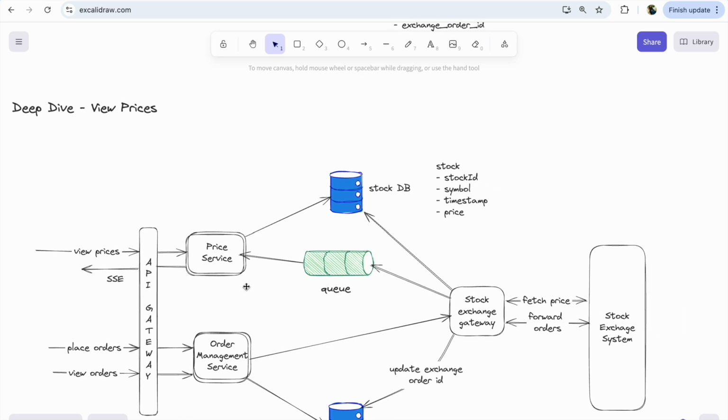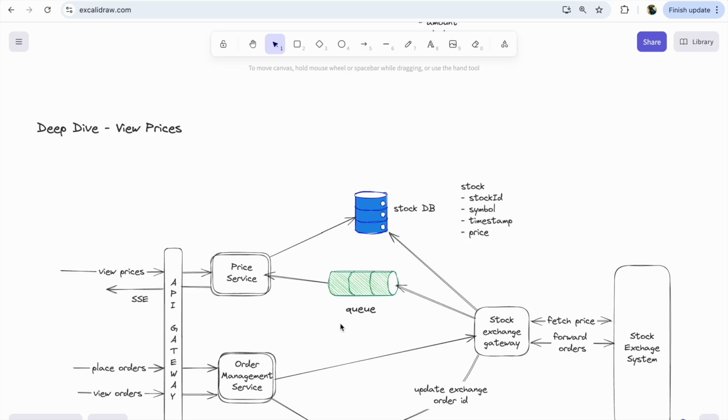Now, how will the price service get the real-time updates? The stock exchange gateway will fetch the price from the stock exchange system and store it in the stock database. Also, it can store it in a message queue, and from there the price service can read from this queue and send it to the client.